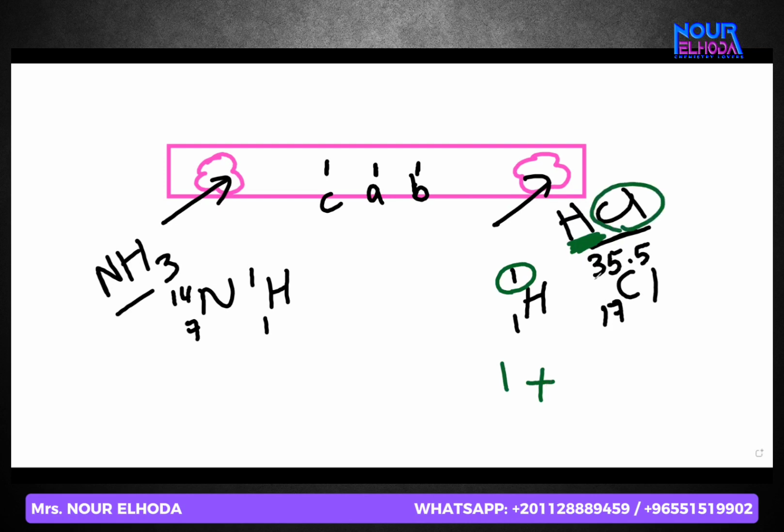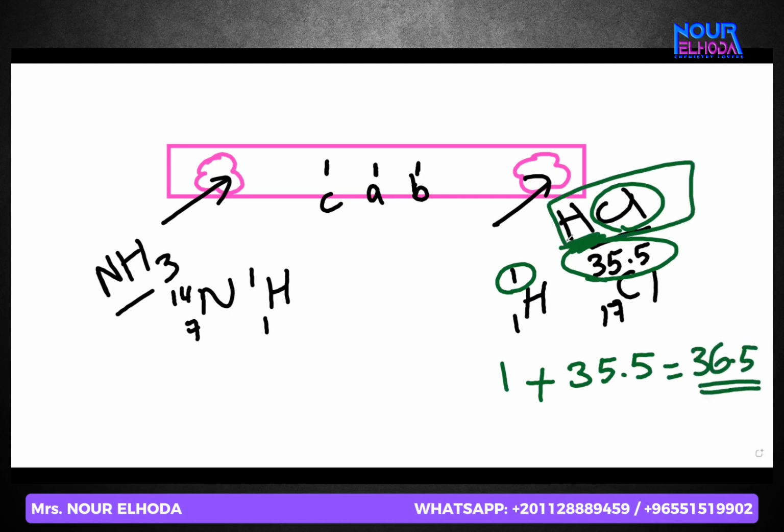Exactly. Now I'm going to take the big numbers in the periodic table. So the big number is going to be what? 35.5. Exactly, 35.5. So the total is 36.5. This is the mass of HCl as a whole, how heavy the HCl is.